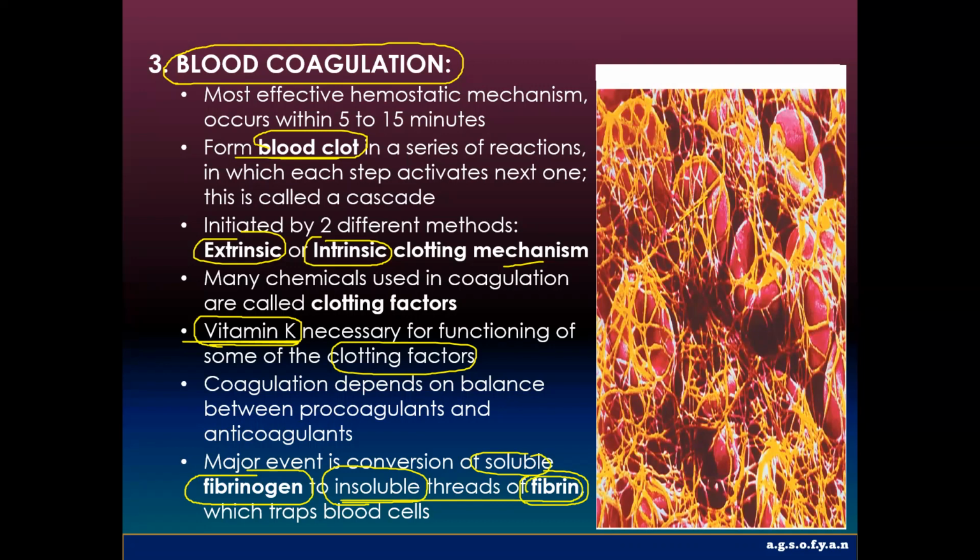Under the microscope, you see this is the fibrin thread that is actually converted from fibrinogen. So fibrinogen is a dissolved type of protein. When it is converted into fibrin, it becomes a thread-like structure that will clot the broken blood vessel.